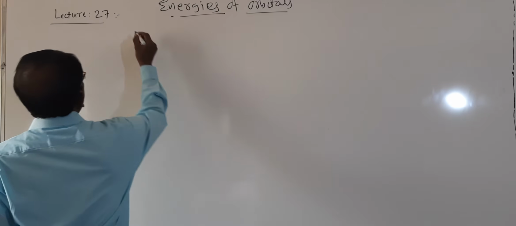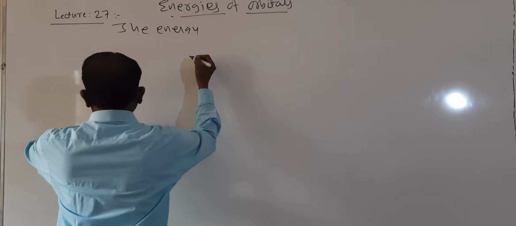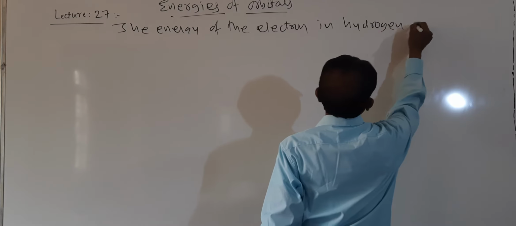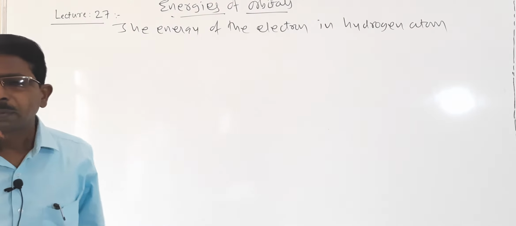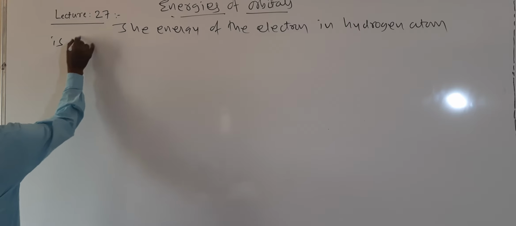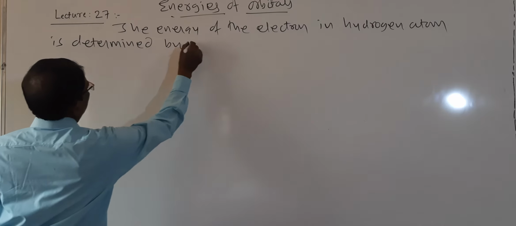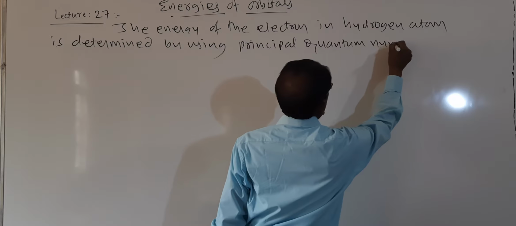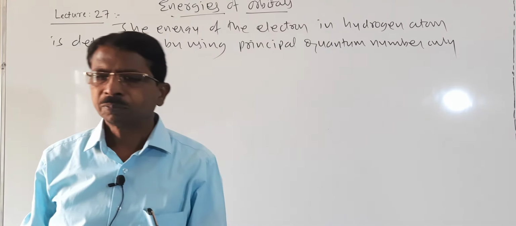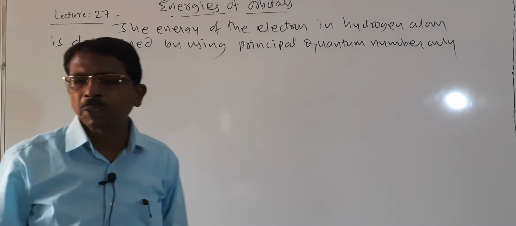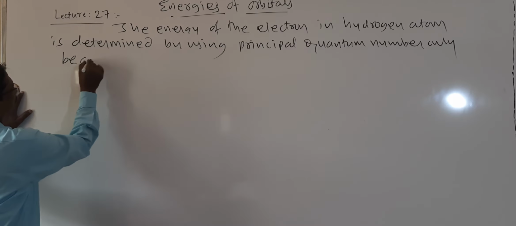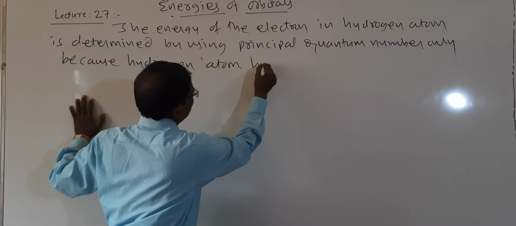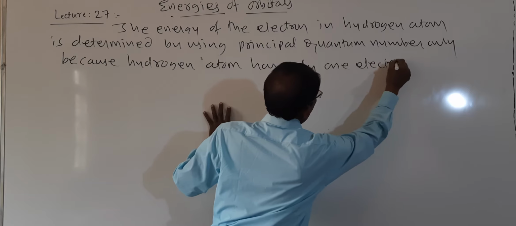Look here. The energy of the electron in the hydrogen atom is determined by using the principal quantum number only, because the hydrogen atom has only one electron.